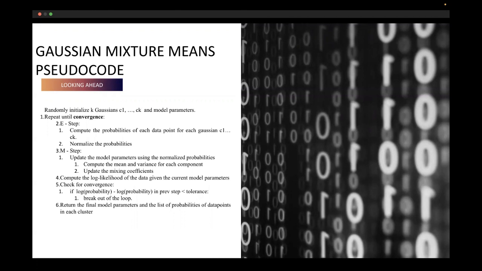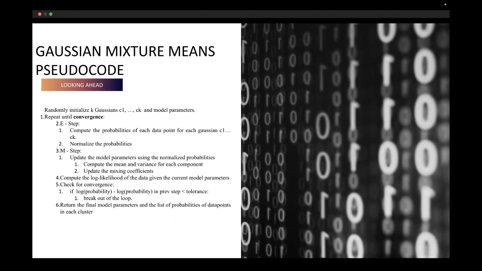In the M step, the model parameters are updated by maximizing the log likelihood with respect to each parameter using the posterior probabilities computed during the E step. Then the above mentioned steps are repeated until convergence or the maximum number of iterations specified is reached.